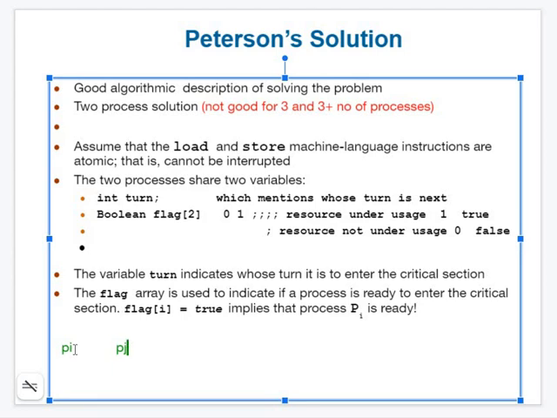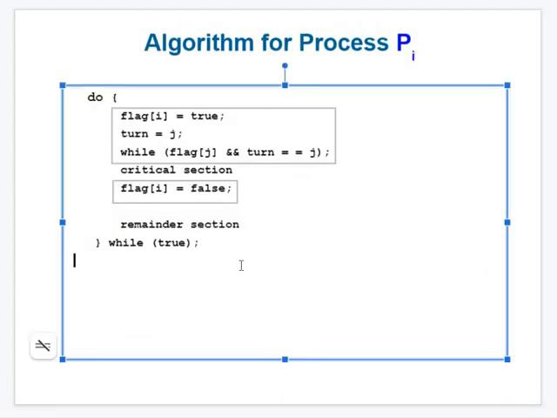Here I will type something, so I think you can analyze it. P of I is you yourself, and P of J means your friend. I will take the same and try to explain in the next slide. Hope it will make you a little clear.